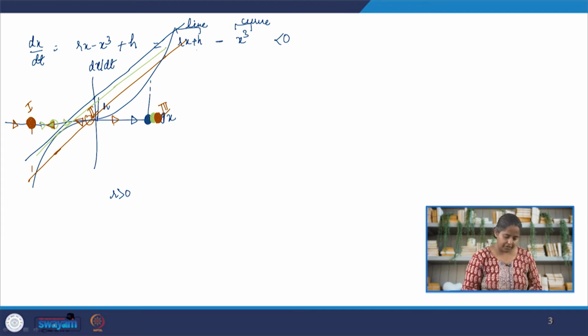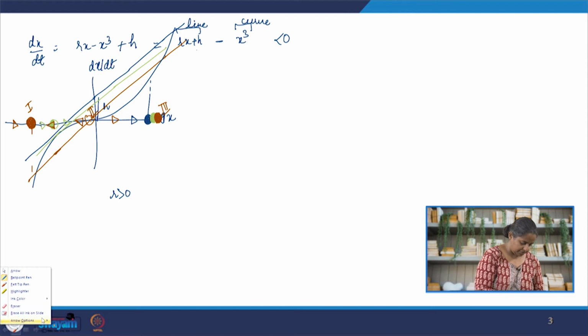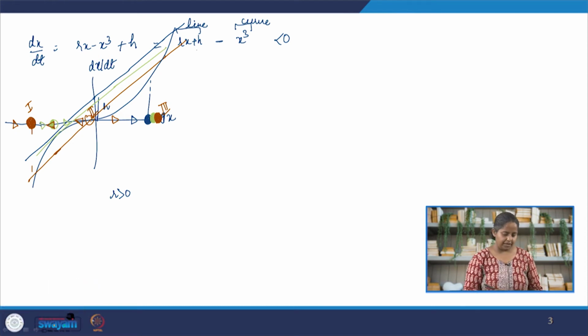As we keep on reducing h, let's go further and reduce h further. As we keep reducing h, there will come a time when h will become negative. So let's look into that.